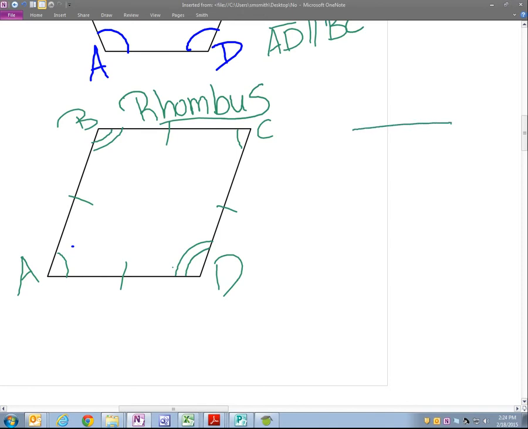A rhombus is like a square where the wind blows it over a little bit. Or you could think of it as a square that's on its corner, and someone pushes down on it, and the sides are still the same. It just makes it into a diamond. Okay?